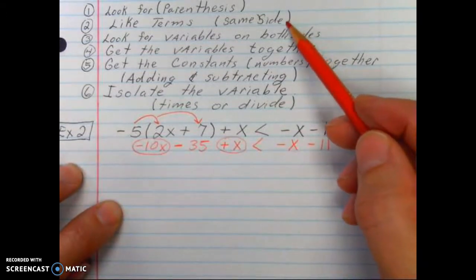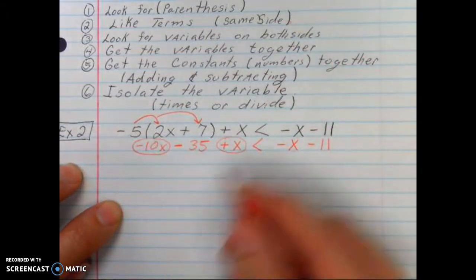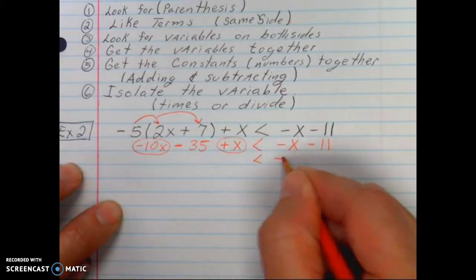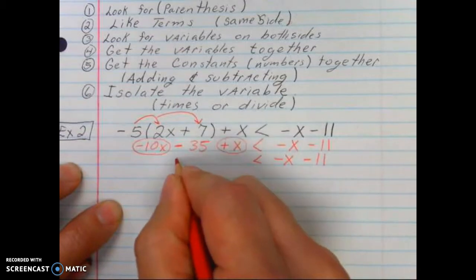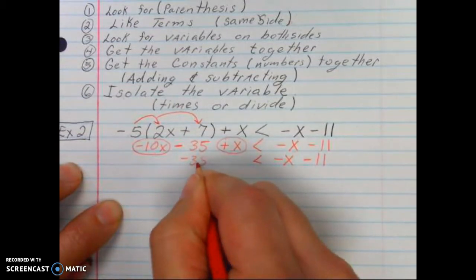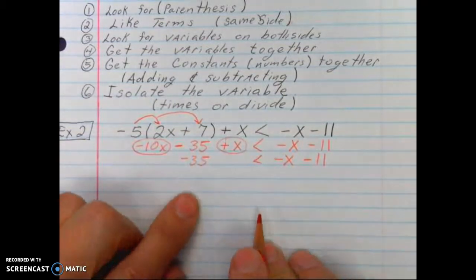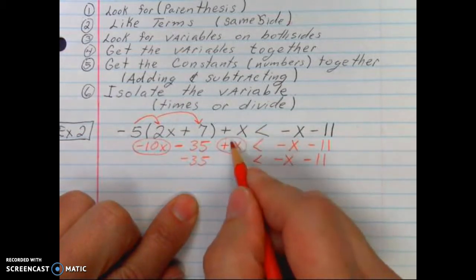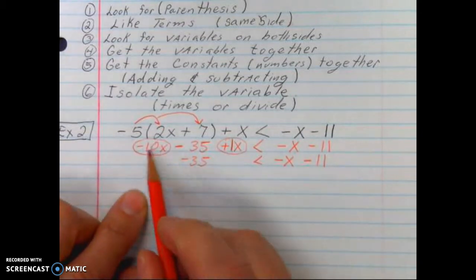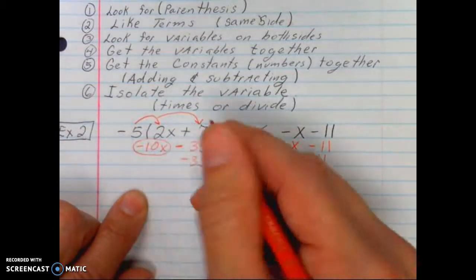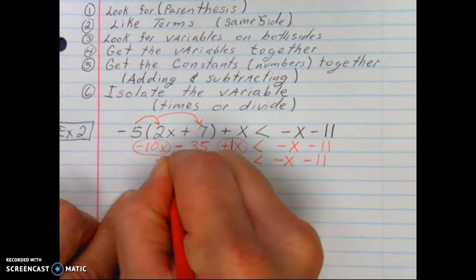So always remember, like terms have to be on the same side. So I'm going to drop down everything I'm not using. Now remember, in a calculator, you can always put a 1 in front of the x. So I am going to put a 1 right here. And just type in negative 10 plus 1, and you should get a negative 9x.